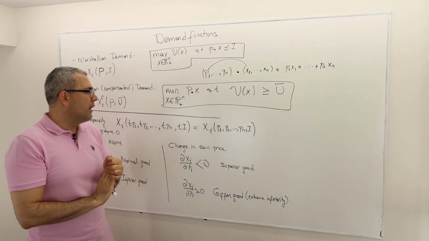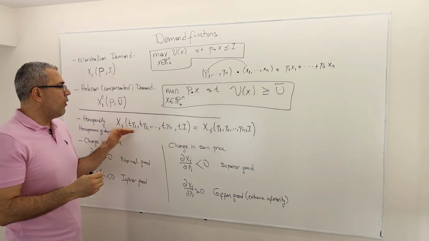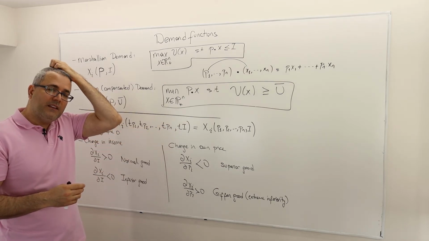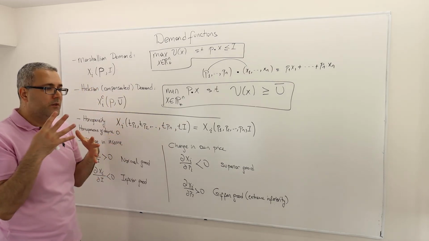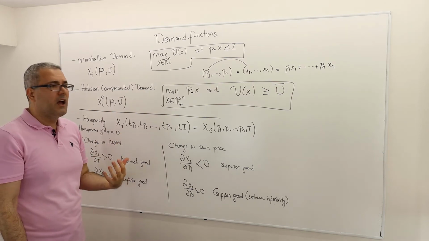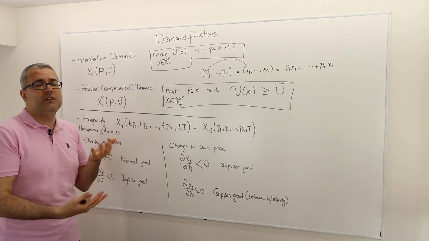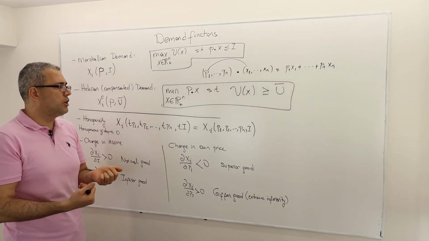But obviously inflation does not impact all the prices and the income at the same level. It increases some prices higher than others, and therefore inflation changes the relative price ratio.